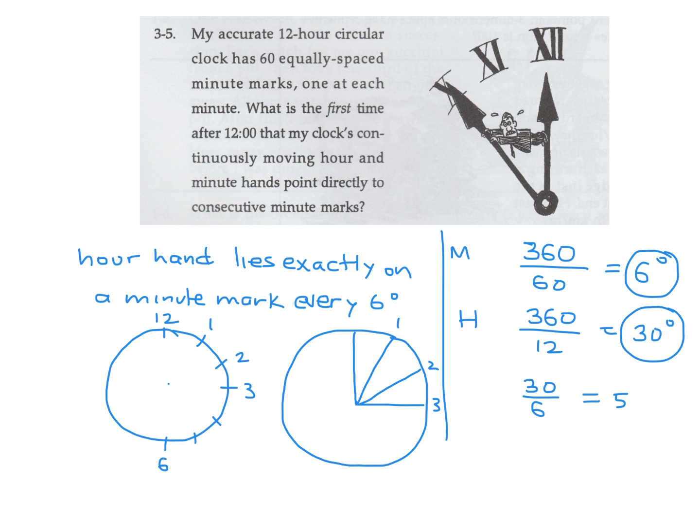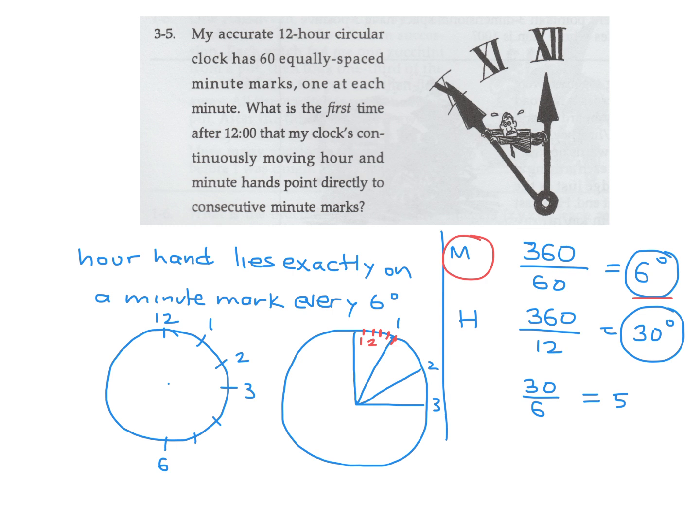Now the minutes, there's 60 minutes. So as we showed here, each minute marker is 6 degrees. So we're going to have 1 here, 2 here, 3 here, 4 here, 5 here. So this was minute number 1, minute number 2, and so on, minute number 3. Those red lines are representing minutes.